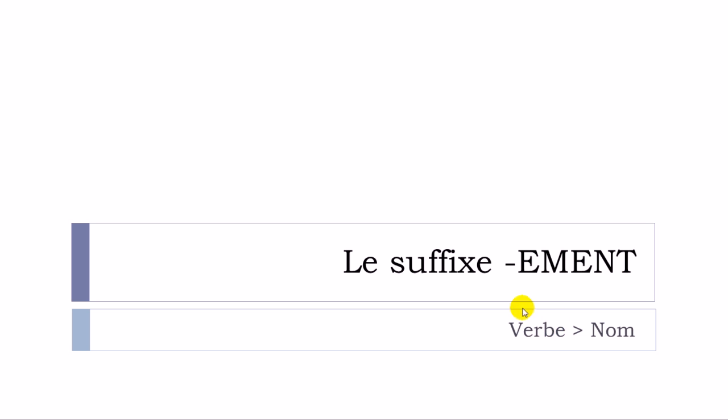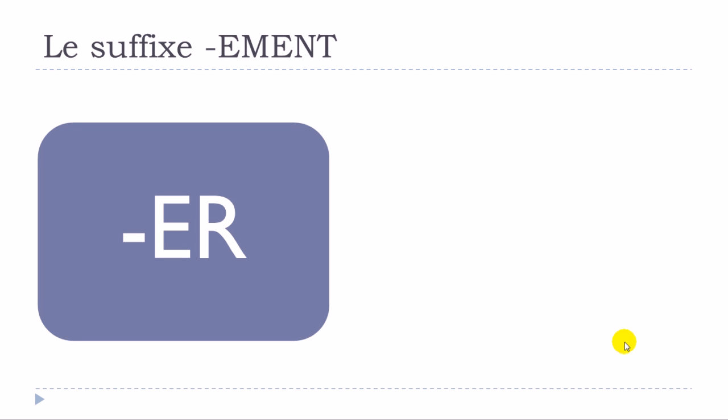Le suffixe E-M-E-N-T, ement, okay? And the idea is to see how we can come from a verb and make from that verb a noun. If your verb is ending with er, and that's what we'll see in this video, but of course, as usual when we learn French, it doesn't concern all the verbs ending with er. The verbs that we'll see in this lesson will work with that concept.